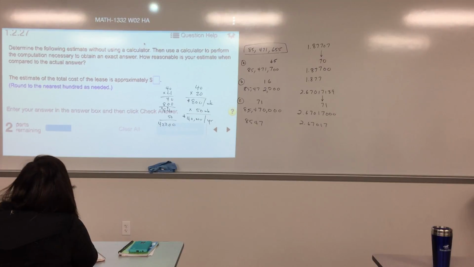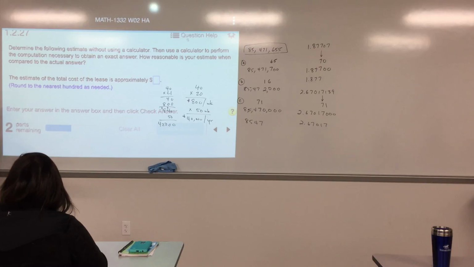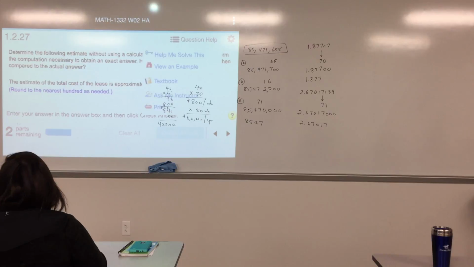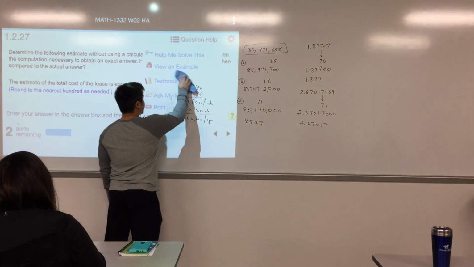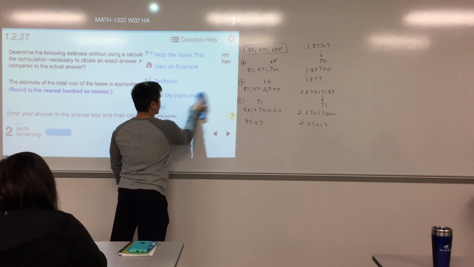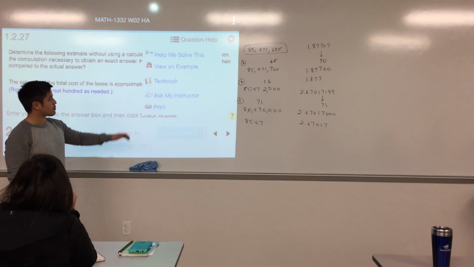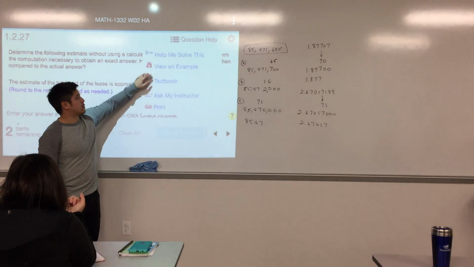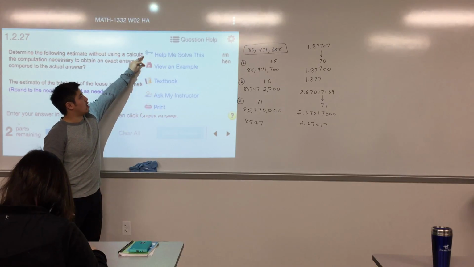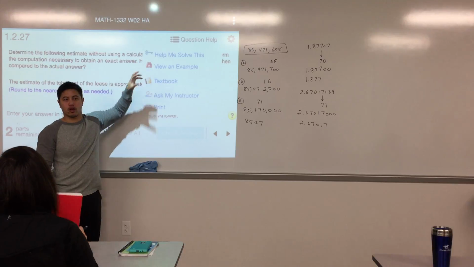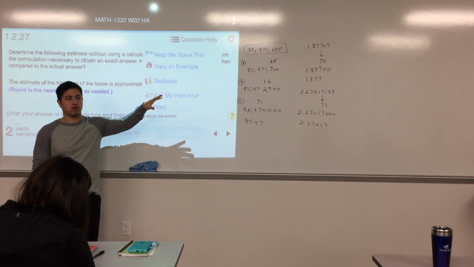What I want to show you is that in the event, especially internet class, but you guys as well, that you're not sure how to do a question, there's this area at the top that says Question Help. This first section is a little bit tight in time, but I still want it due by the next class. If you find something that you can't do, Help Me Solve This and View an Example are going to be awesome for you.